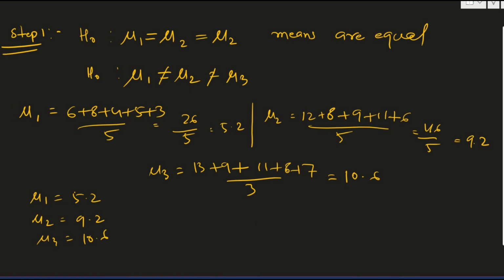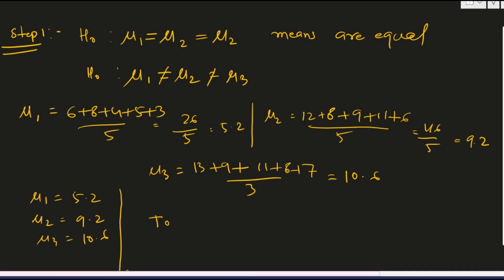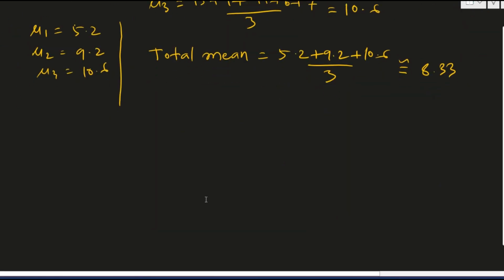Now our total mean is equal to 5.2 plus 9.2 plus 10.6 divided by 3, so this will almost become 8.3. So this is the total mean.